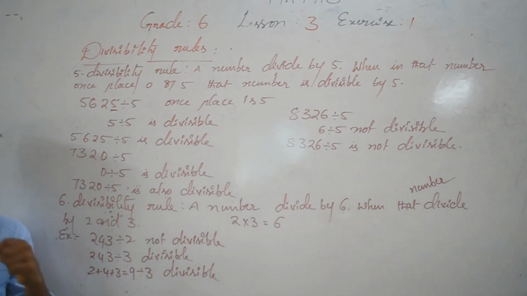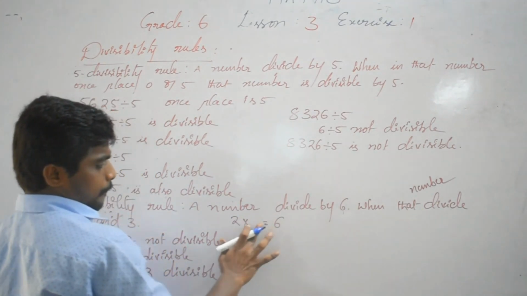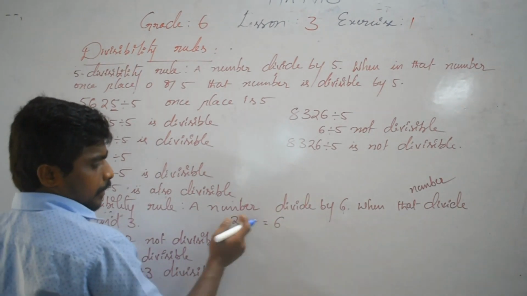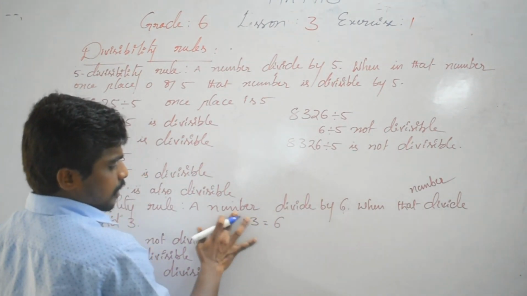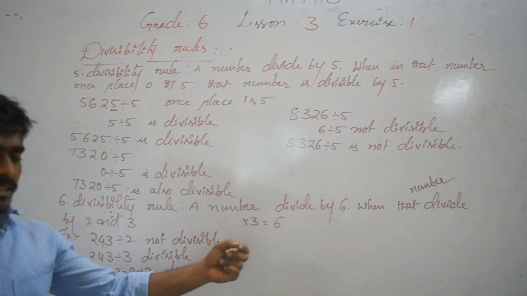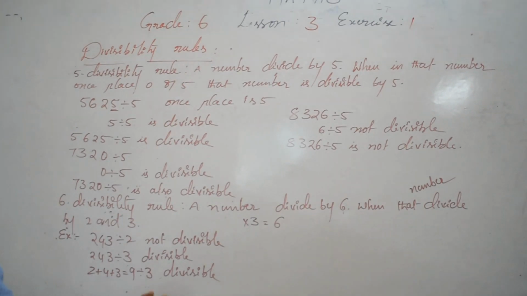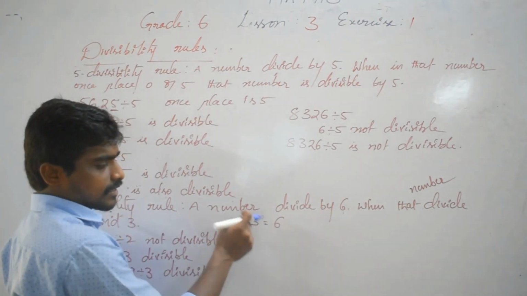Now the question: is it 6 divisible or not? Here 6 is coming from two digits, one is a 2, one is a 3.